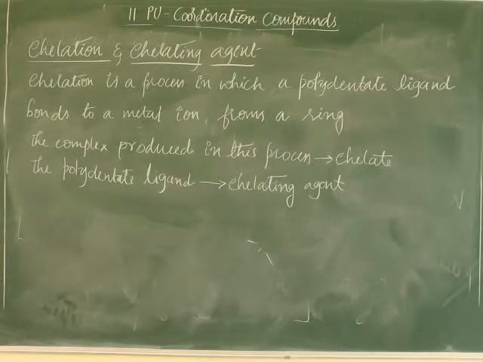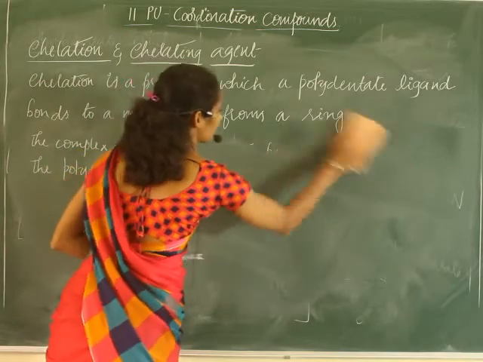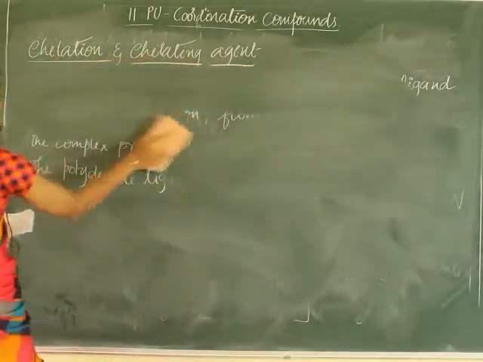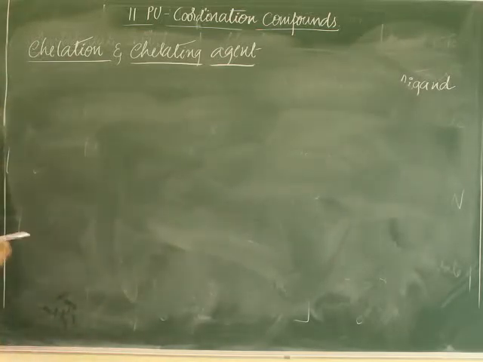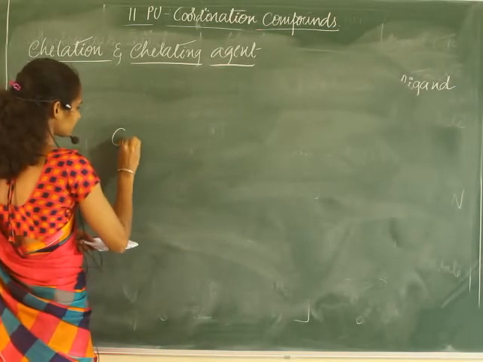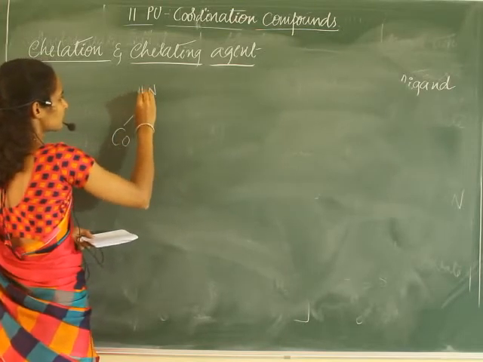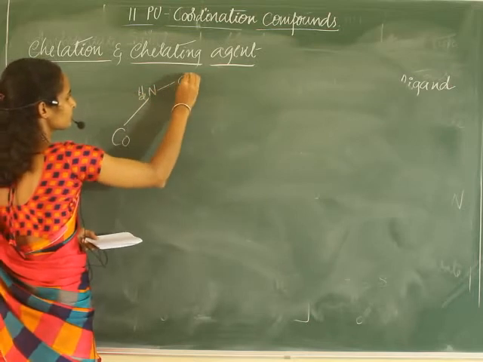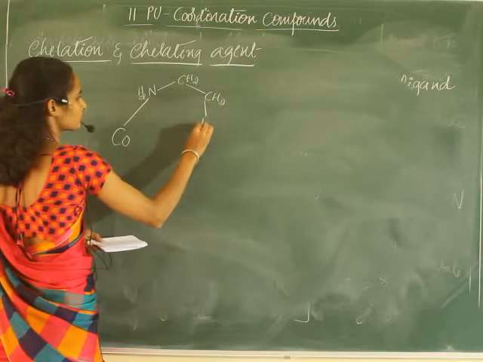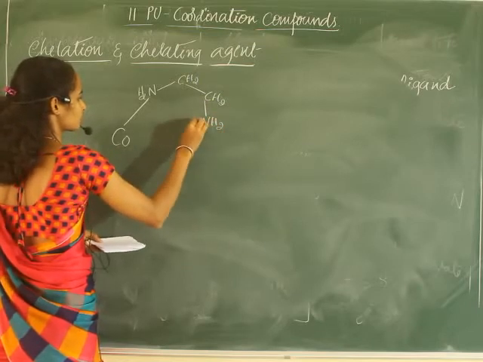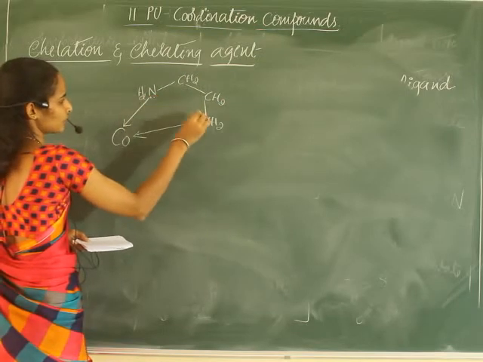Let us discuss one example. Cobalt, the central metal atom. See, here it is ethylene diamine.